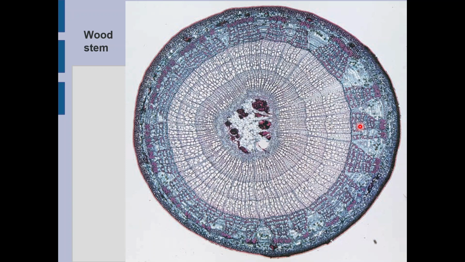So this is secondary phloem, and this is the phloem ray between the bundles of the secondary phloem, connective tissue of the secondary phloem.